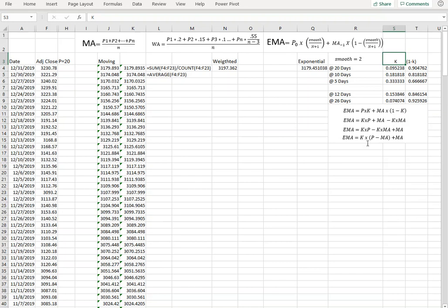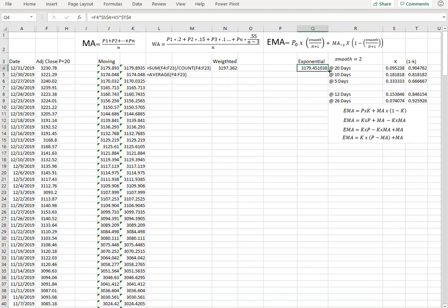And now we're left with K times P minus, that is the price today, minus the lagged moving average over whatever period we're interested in, plus that moving average. So when you see the equation written in this format, it's just a different way to state the same thing as what you see up here. Okay, no different. It's just a manipulation of the formula.